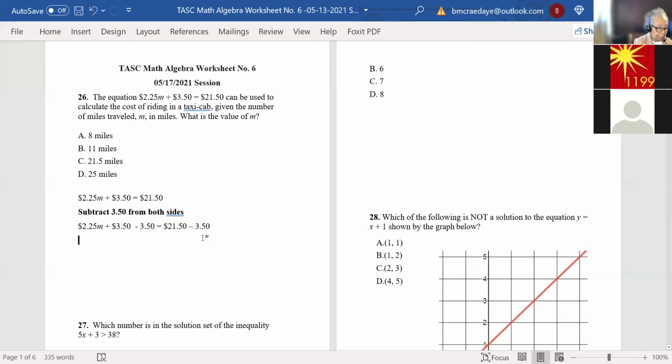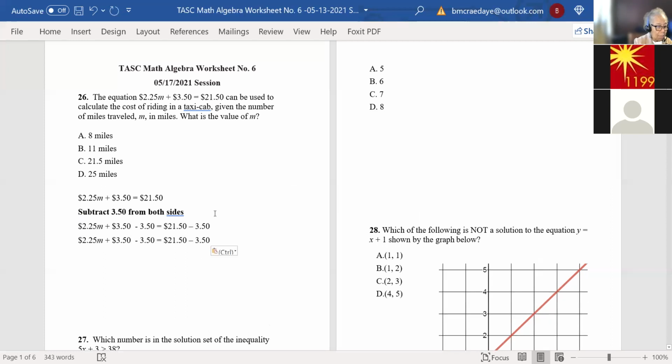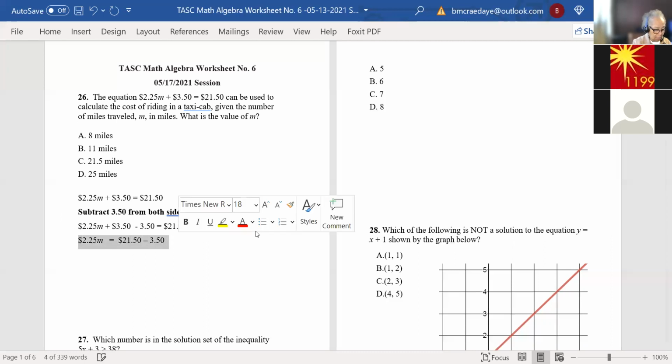Take out the 350 because that goes to 0. Plus minus of the same value is 0. And what's 21.50 minus 3.50? What did you get? $18. Okay, 18. So let's just copy that. 2.25M equals $18.